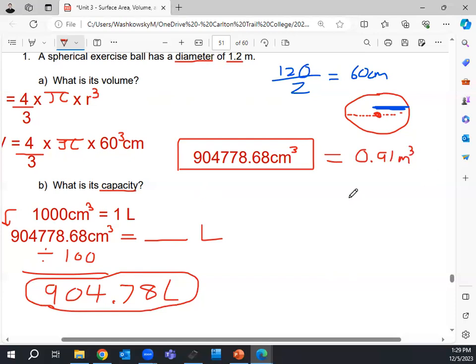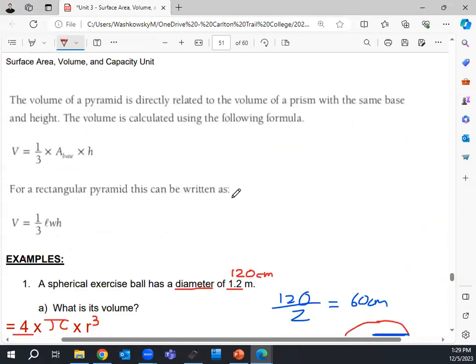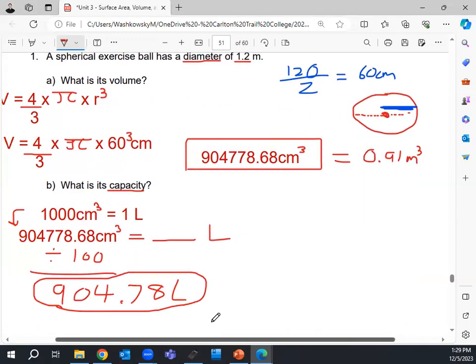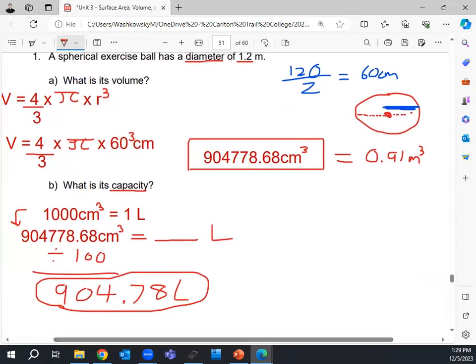And so we're going to look at how this works. Before, if I'm turning 5 meters into centimeters, you just times it by 100. It's a little different once we work with cubes and squares and stuff like that, which we'll get to today. But that's spherical volume and capacity.